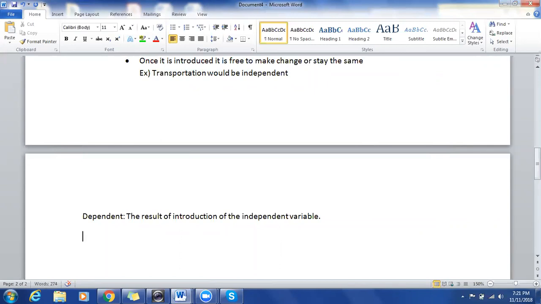So in the substance use example, the attendance of the participants due to increased access to transportation would be the dependent variable, because due to the introduction of the independent variable, the transportation, the attendance would either go up or go down or stay the same, and that is what we're actually measuring here.